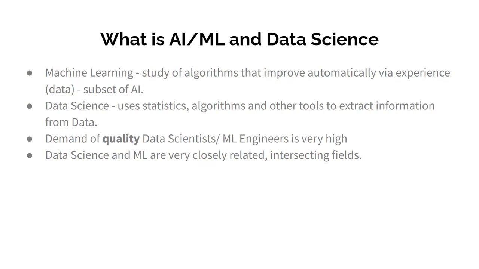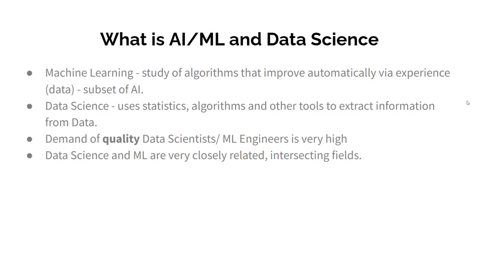AI encompasses a lot of things: machine learning, a lot of heuristic algorithms, and a lot of makeshift algorithms, etc. And data science uses statistics, machine learning algorithms, and other programming tools to extract valuable information from data. Why is this field really popular?